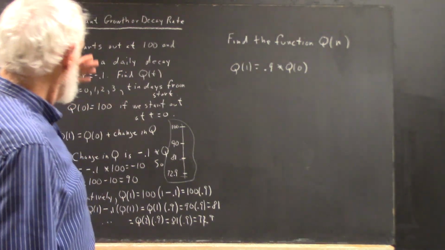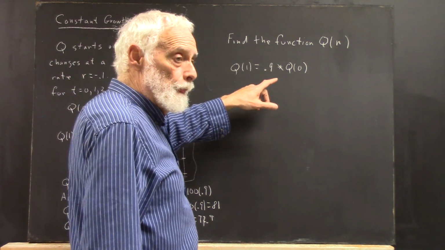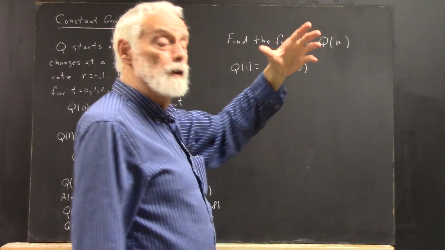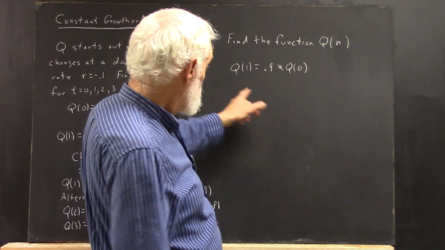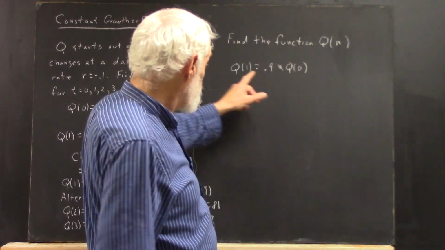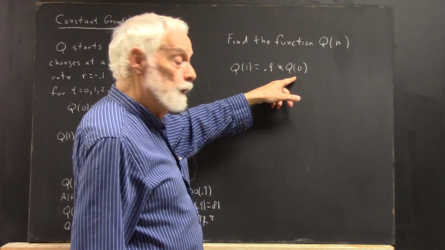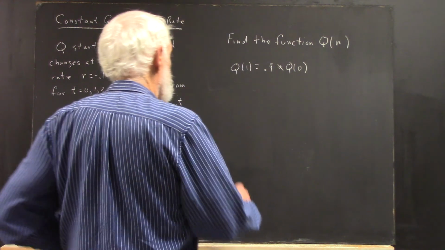Because our growth rate is negative 0.1 every day, we multiply what we started the day with by 0.9. Basically, you're losing 10%, so you're retaining 90%. And what we're interested in is what you're retaining. So after one day, you have 0.9 times whatever your initial quantity is.